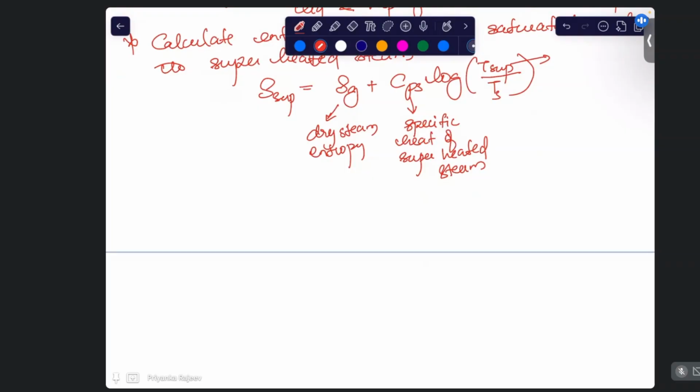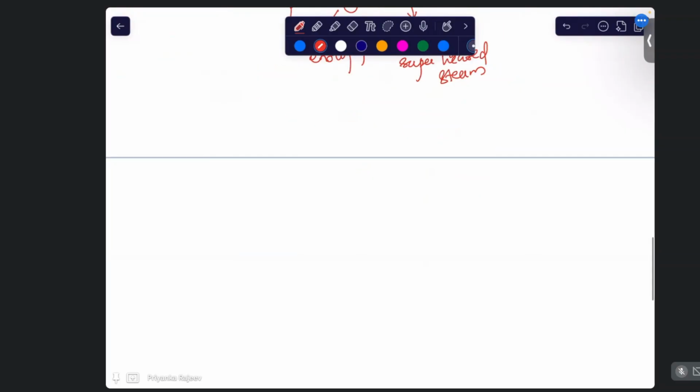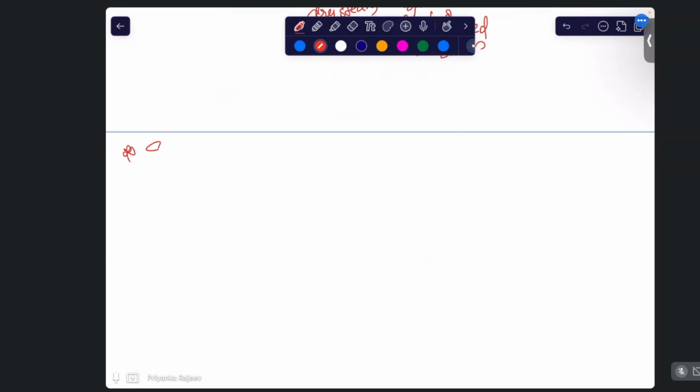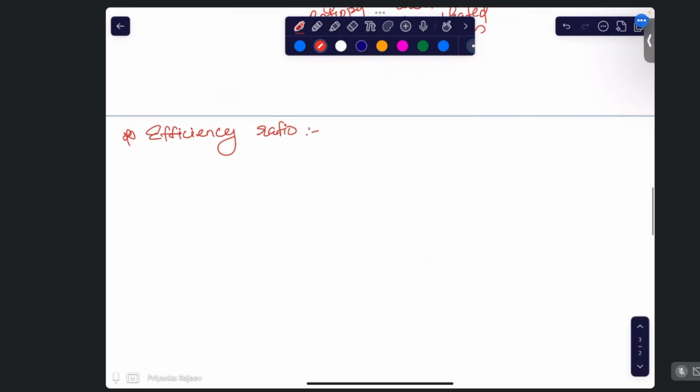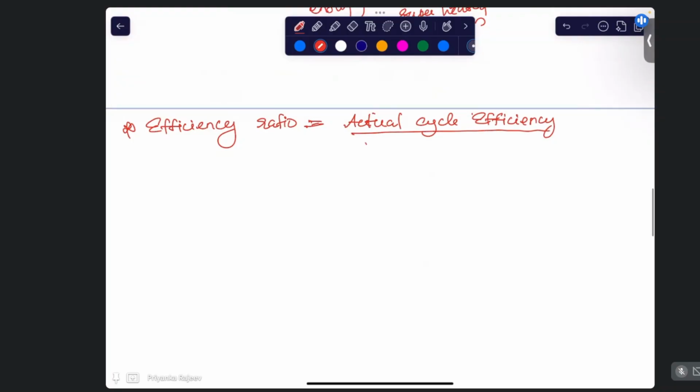Now efficiency ratio. Efficiency ratio equals actual cycle efficiency by ideal Rankine efficiency.